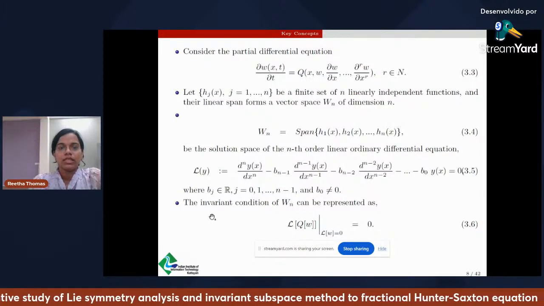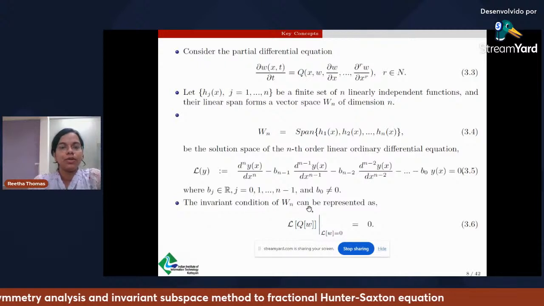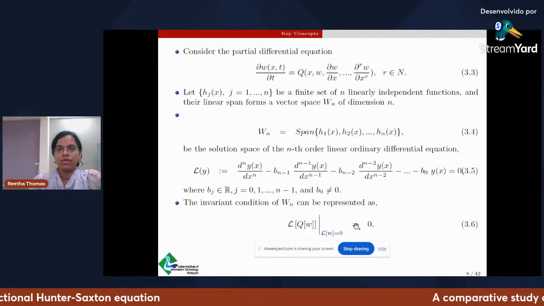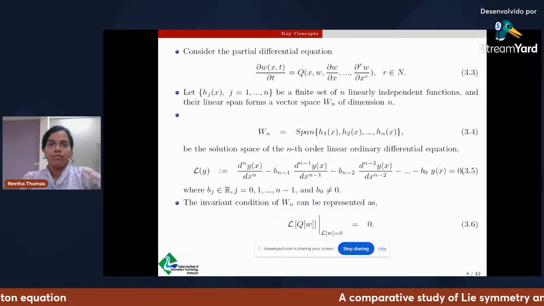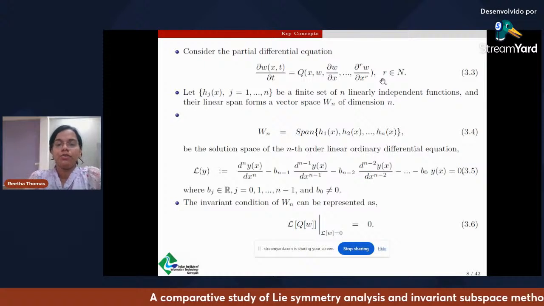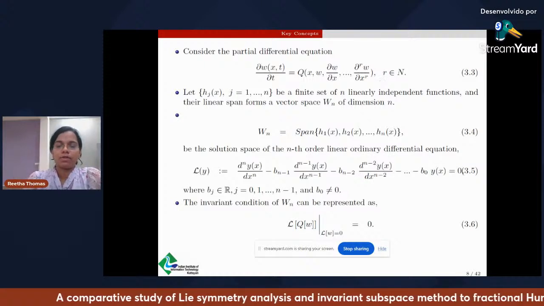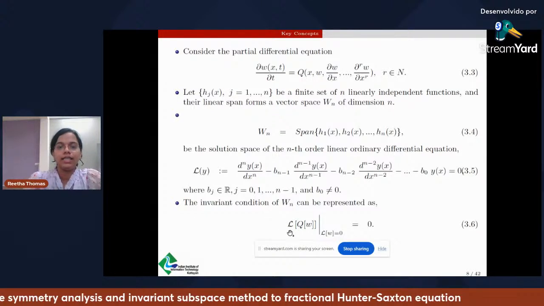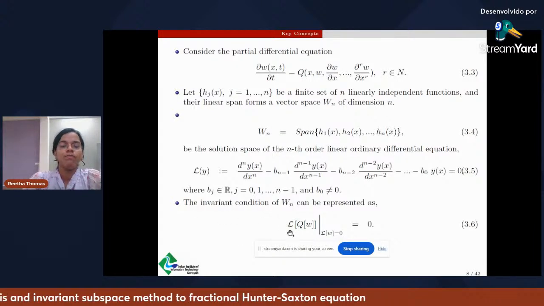So the invariant condition of Wn is L of Q of W equal to 0 whenever L of W equal to 0. That is, for this nonlinear operator Q, we want to find the invariant subspace, which is obtained by this invariant condition, L of Q equal to 0 whenever L of W equal to 0.